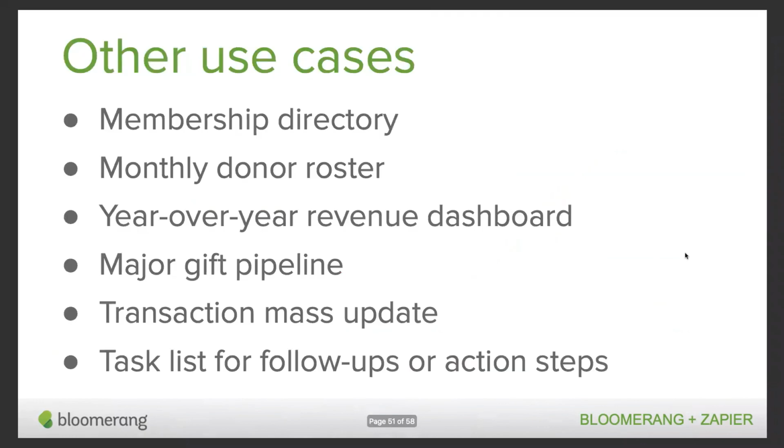So to wrap up here, and I want to make sure we have lots of time for questions. To wrap up the presentation, I'll leave you with a couple other use cases. We've talked about some other lists and directories, memberships, donor rosters, major gift pipelines. You can even set up task lists for follow-ups or action steps in a Google Sheet. If you don't use another product like Asana, or maybe you're not using Bloomerang tasks, you could use a Google Sheet for task lists.